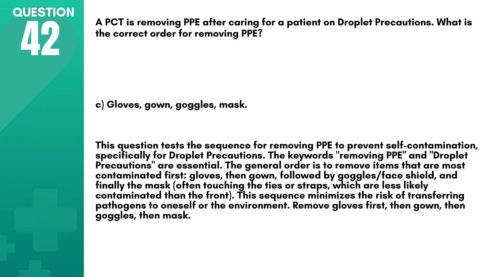The general order is to remove items that are most contaminated first: gloves, then gown, followed by goggles or face shield, and finally the mask, often touching the ties or straps, which are less likely contaminated than the front. This sequence minimizes the risk of transferring pathogens to oneself or the environment. Remove gloves first, then gown, then goggles, then mask.